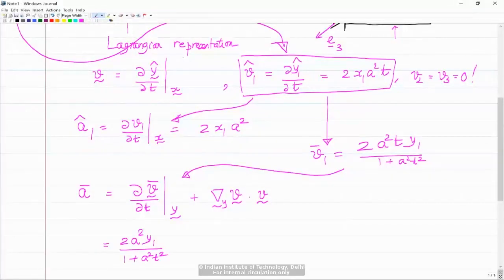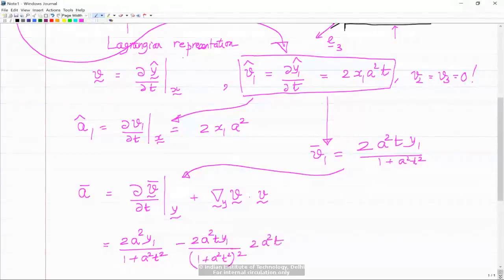Then for the denominator, you have to use the chain rule, and what you get is minus 2 times a square t y1 over 1 plus a square t square whole square, and then the derivative of the denominator with respect to time, which gives you 2 times a square t. So that's just the local part of acceleration.